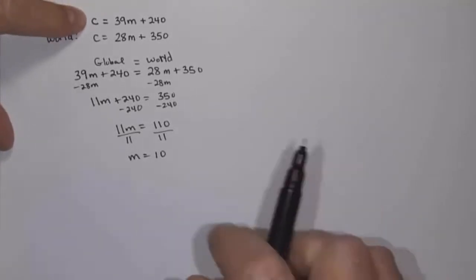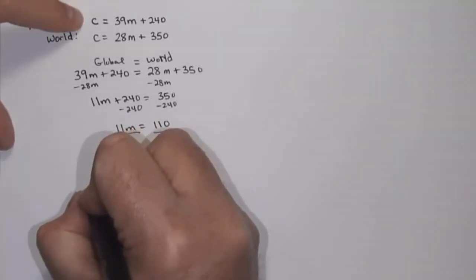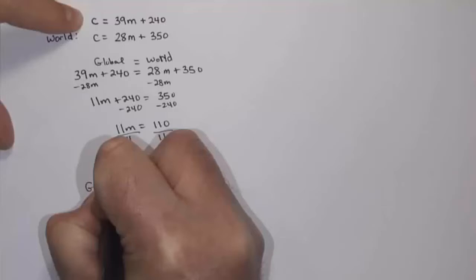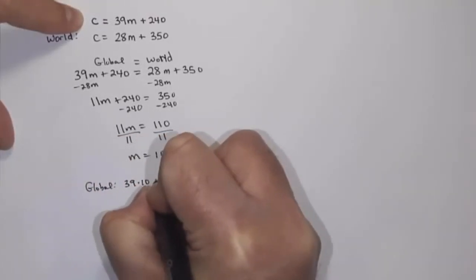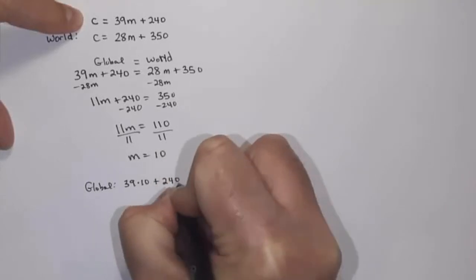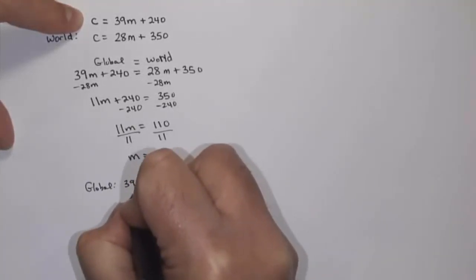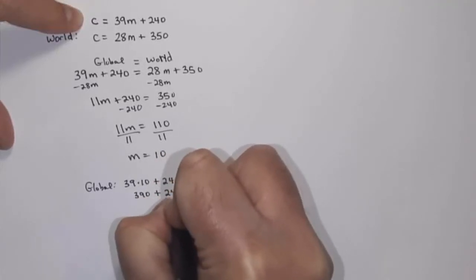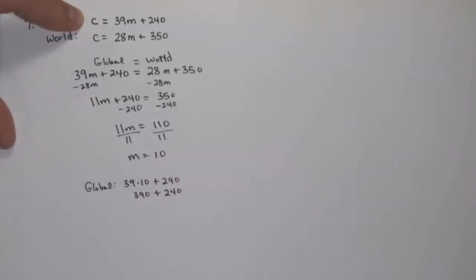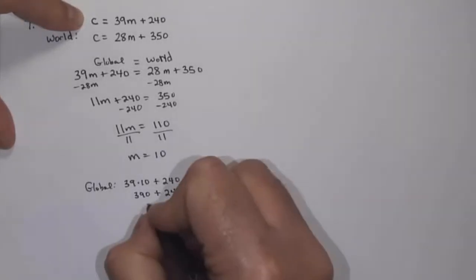Now just to show that, for Global, if we take 39 times 10 plus 240, 39 times 10 would be 390, and 390 plus 240 will be 630.